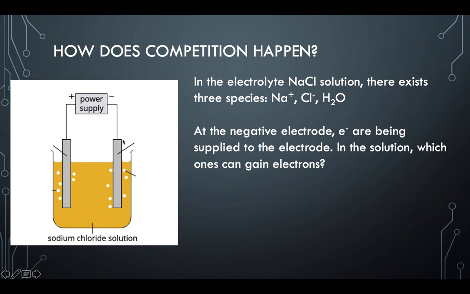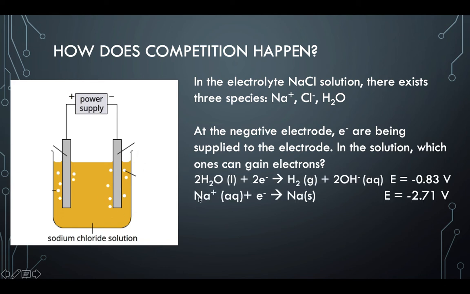In the solution, what are the species that can actually gain electrons? You notice that sodium cation can definitely gain electrons to become sodium solid. Yeah? This is not molten liquid, so it's a sodium solid being produced. But at the same time, water can also gain electrons to become hydrogen gas.